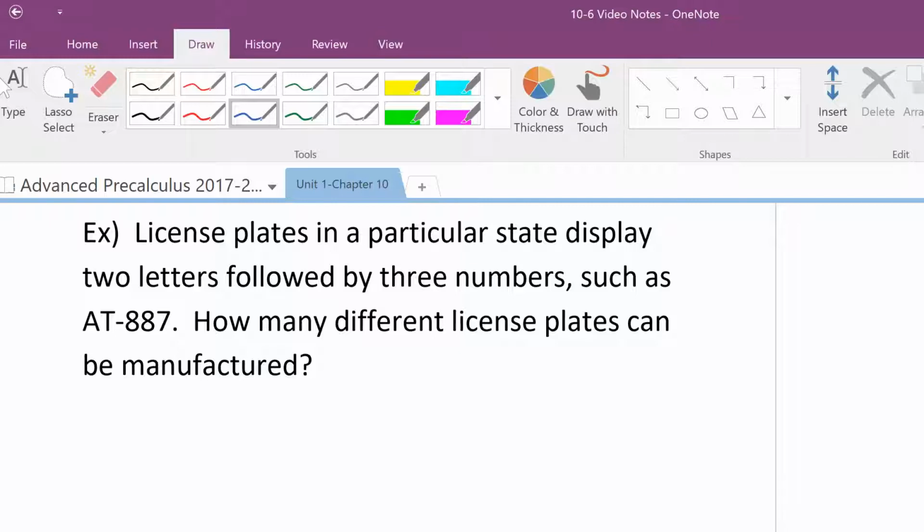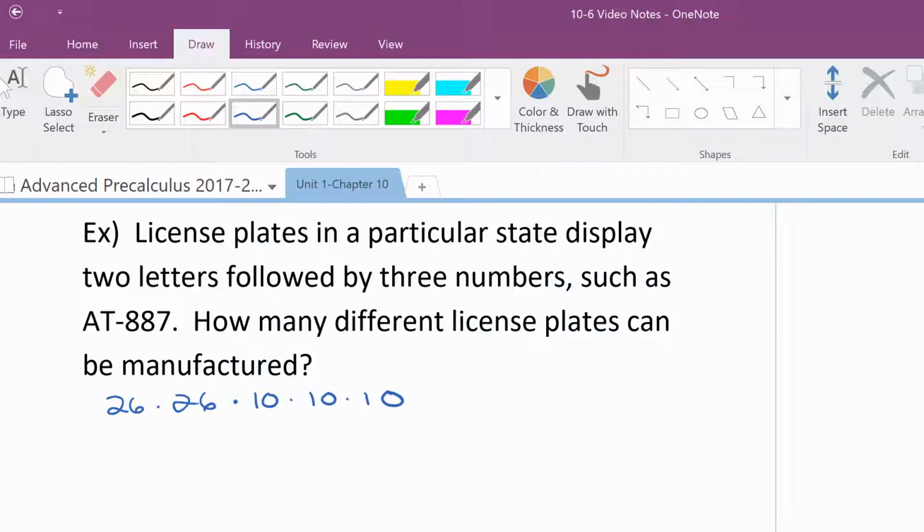License plates in a particular state display 2 letters followed by 3 numbers, such as AT887. How many different license plates can be manufactured? Well, remember, they don't say anything about repeating. So that's assuming that you can have repeating either letters or numbers. So remember, there's 26 letters, so there's 2 letters that you need, and then there's 10 numbers, 0 through 9.